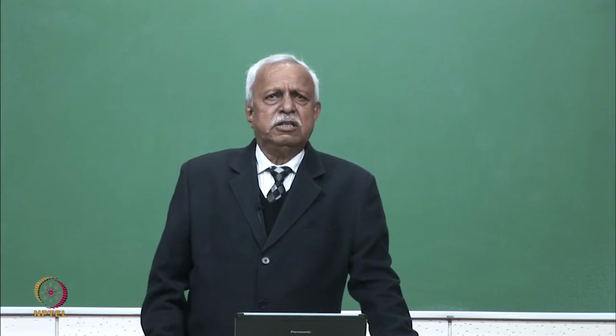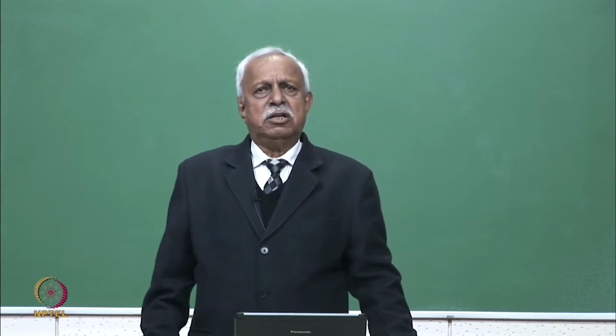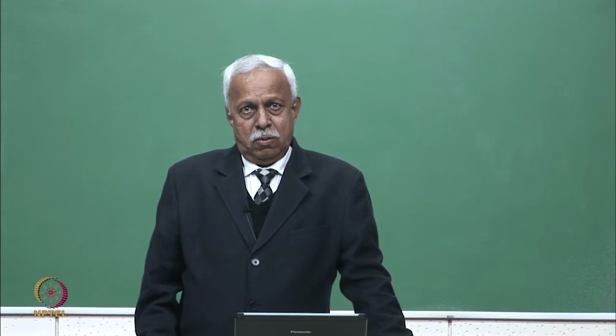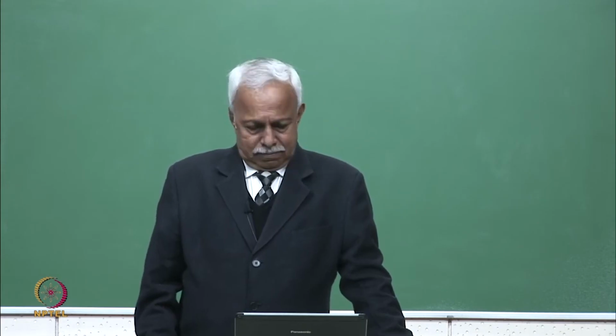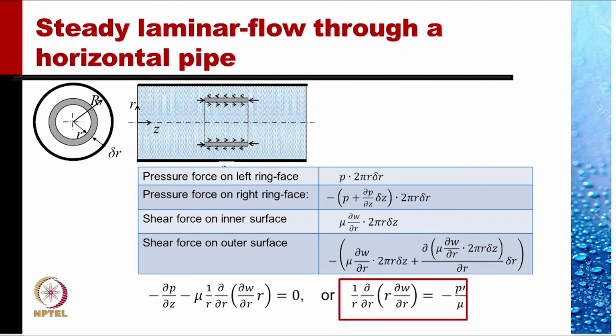Shear force on the outer surface is obtained by Taylor's expansion of this alone. Now, notice that r also varies. So, we make a Taylor's expansion in which we take this whole expression. So, here delta w by delta r is changing as well as r is changing. w represents the velocity in the z direction.